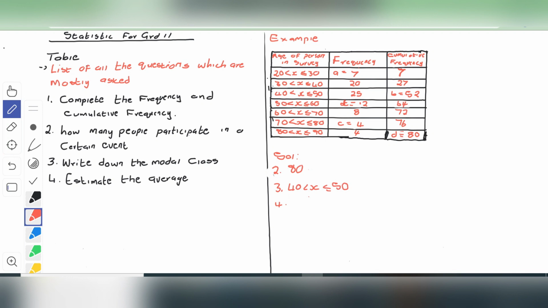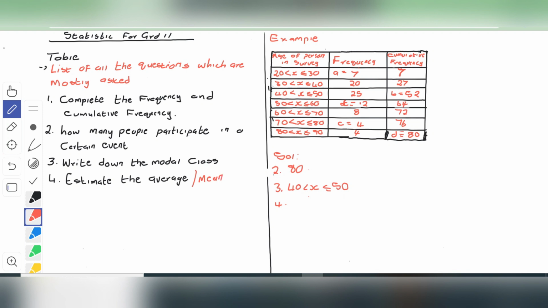So lastly, estimate the average. Remember guys, from the first lesson of statistics, we talked about the average. I said, sometimes the examiner will say estimate the average because he already knows that you know what the mean is. So he wants to trick you.